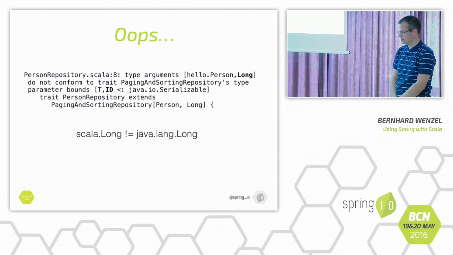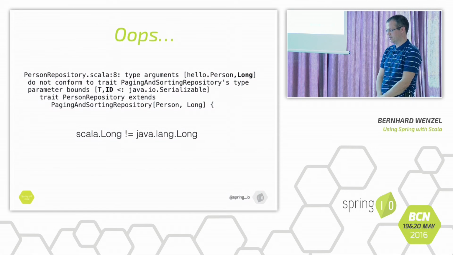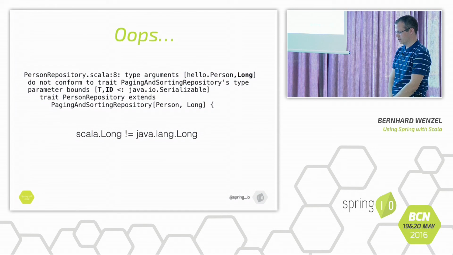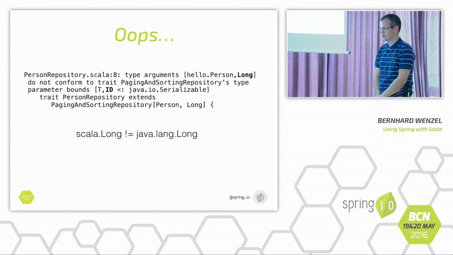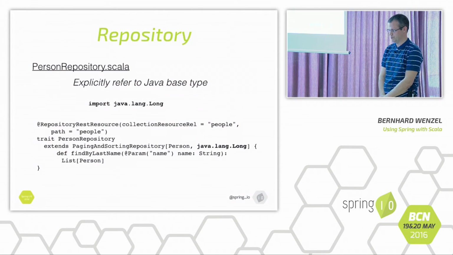The problem is here. Unfortunately, if we just type long, we pass the Scala long to a Java interface, and that's not going to work. So we need to use java.lang.Long. What we need to do is explicitly refer to the Java base type.